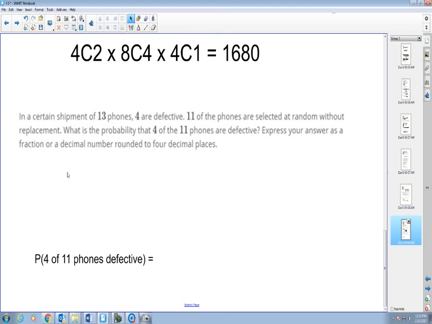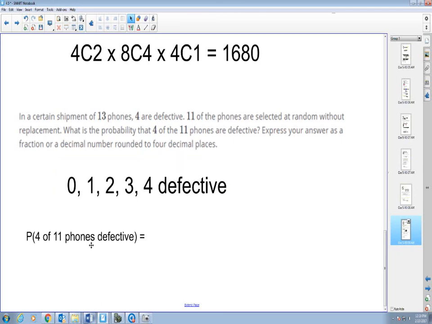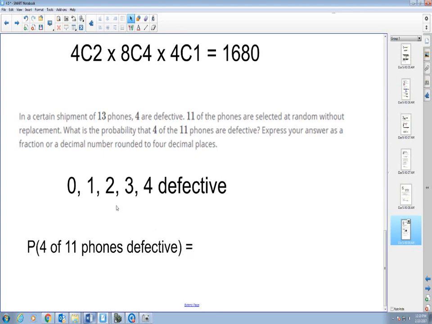So out of the 11 phones, I can select none of them defective, 1 defective, 2 defective, 3 defective, or 4 defective, and that's all I can choose from, because there are only 4 defective after all. They want us to find 4 defective. So this is the only scenario I want.